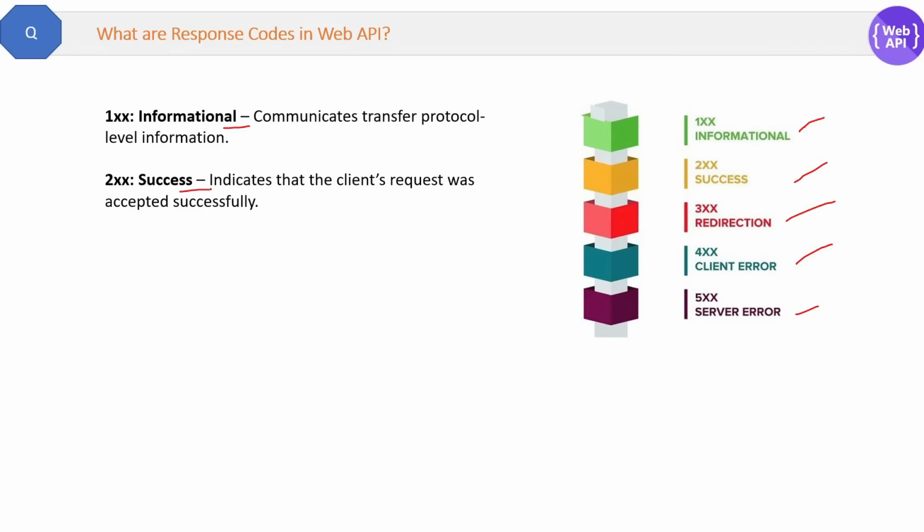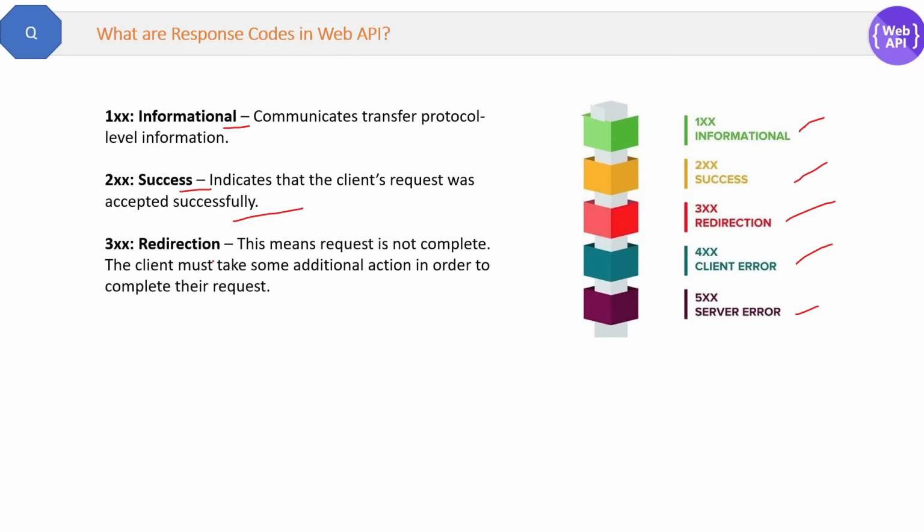Suppose you have sent a POST request to the Web API to submit some details. Then if you receive success, it indicates that the client request was accepted successfully, that your task has been done. This is the most used code in Web APIs because everybody wants a successful response from the request.